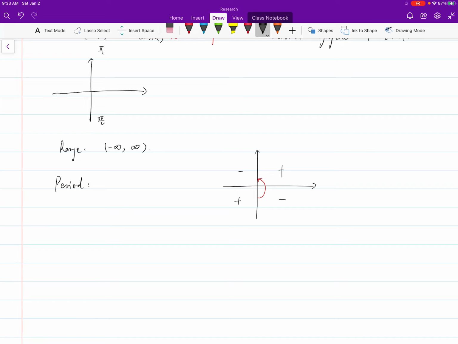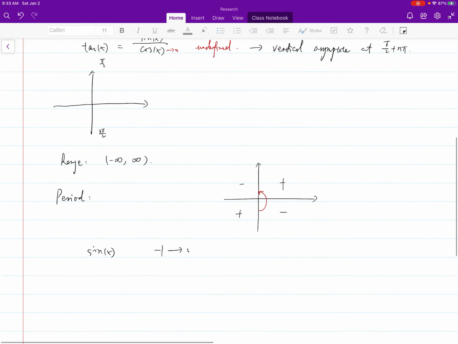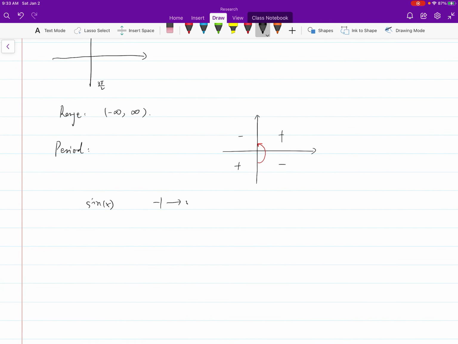If you think about it, tangent is sine over cosine. That means going from negative pi over 2 to pi over 2, what is happening? Your sine went from negative 1 to 1.